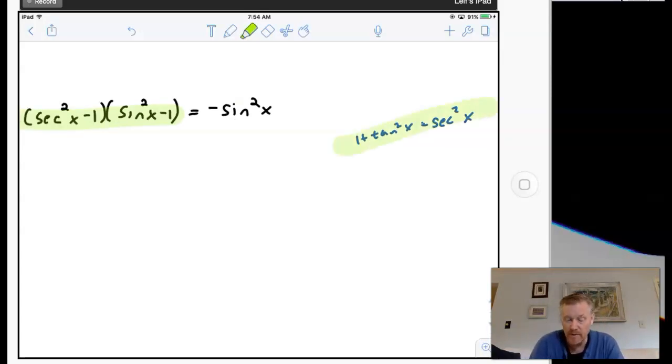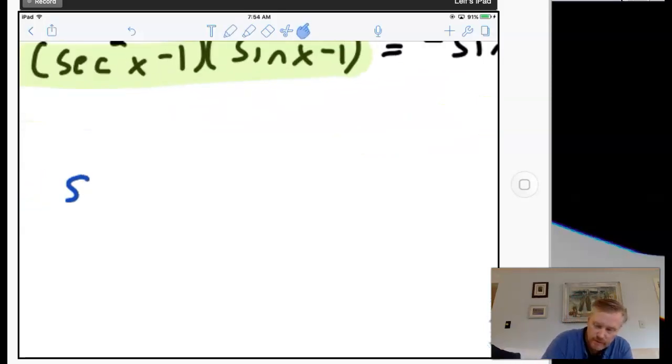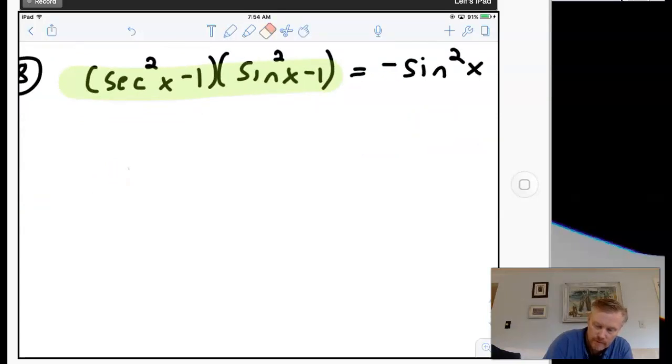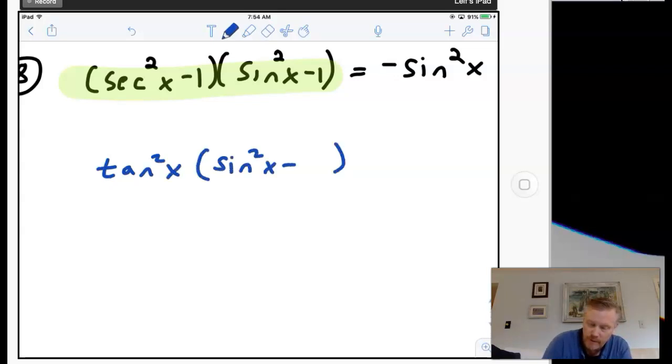Which means that if I subtracted 1 from both sides there, I would get that secant squared minus 1 equals tangent squared. So I'm going to change that to tangent squared.